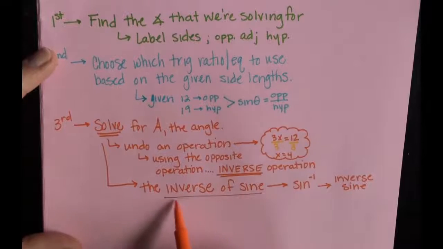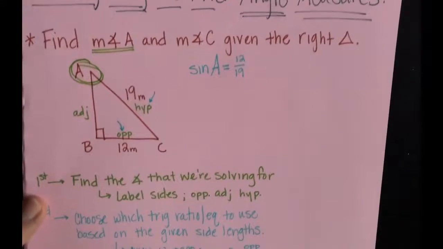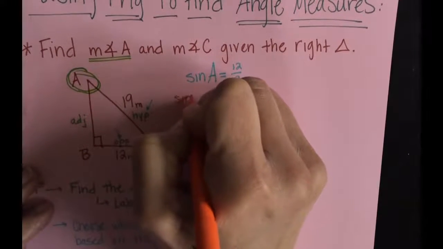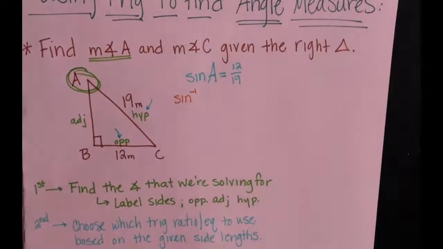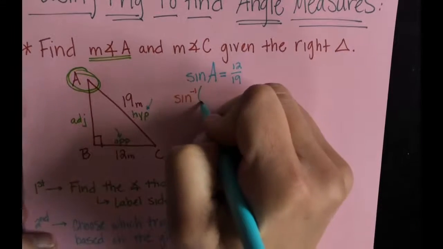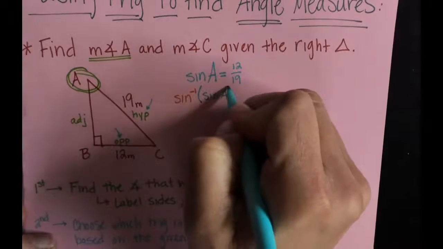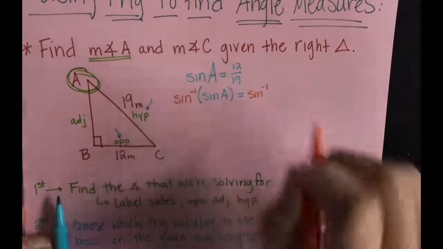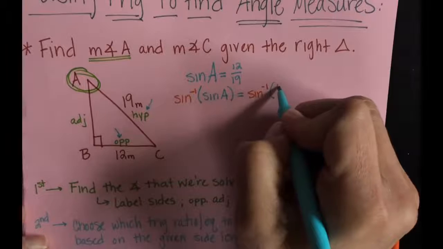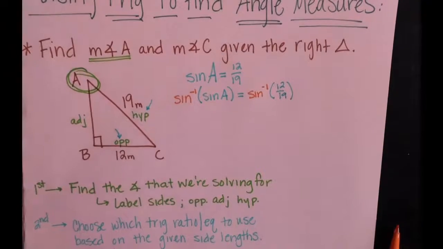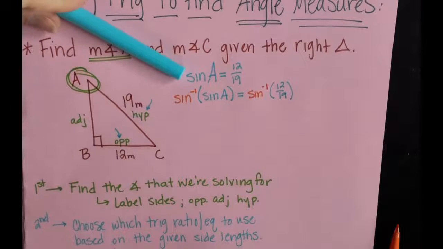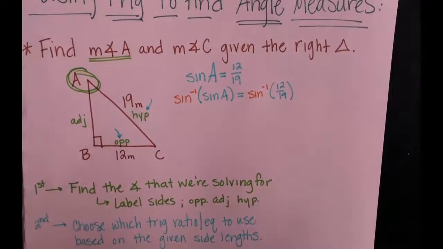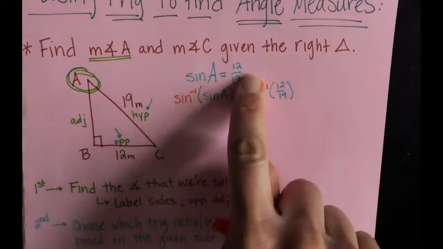The way it looks up here, what you do to one side, I'm going to rewrite the sine A, you have to do to the other, and we're going to rewrite the 12 over 19. A lot of times people like to just write it floating in front here and here. I think that looks kind of messy for notes, so I put it in front of each part of the equation to undo it.